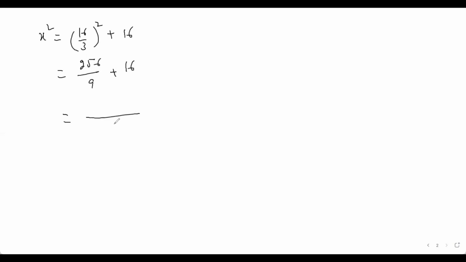That is 256 plus 144. That is 400 by 9. So X square is equal to 400 by 9. X is equal to 20 by 3. We will take the positive value because length is always positive. So X is equal to 20 by 3.